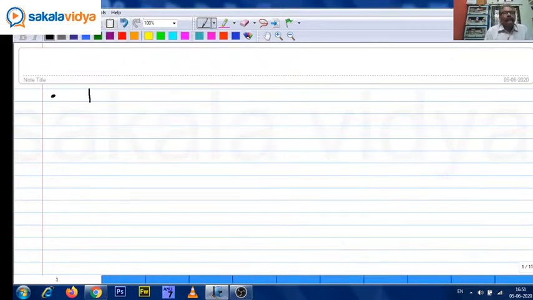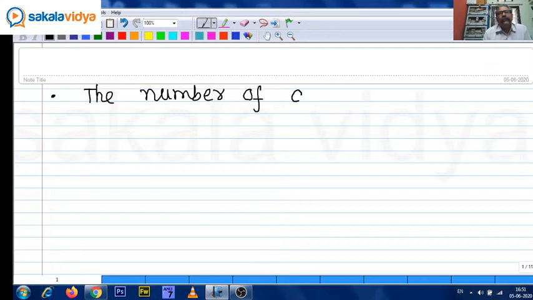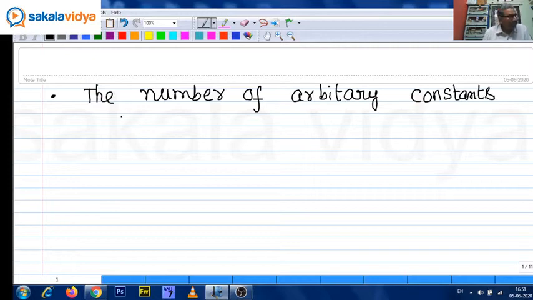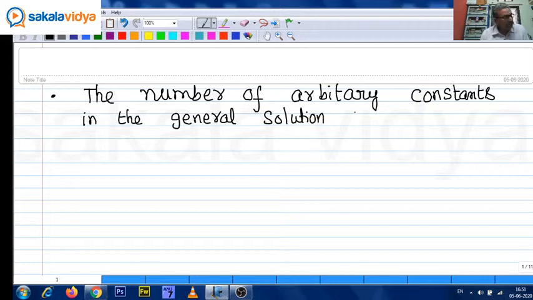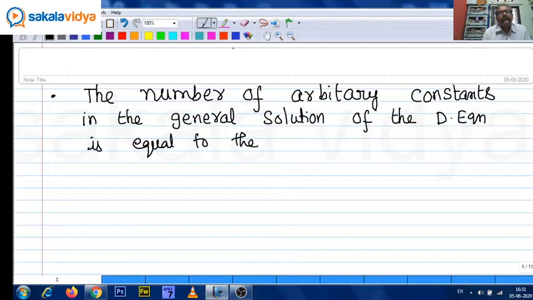Important point. The number of arbitrary constants in the general solution of the differential equation is equal to the order of the differential equation.